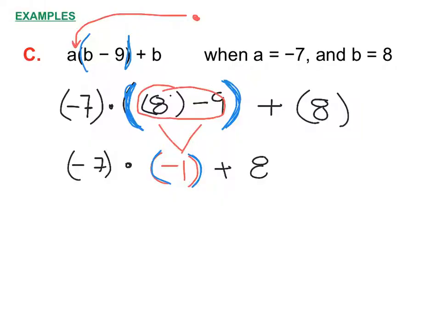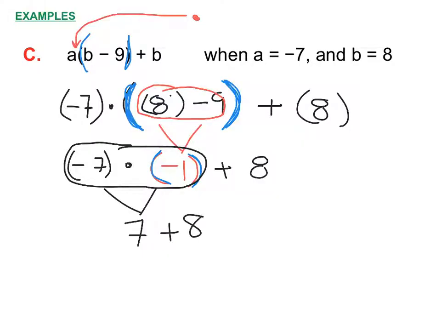Now working with order of operations, negative 7 times a negative 1. We know that 7 times 1 is 7. And then a negative times a negative is going to be a positive. So the answer will just be a positive 7. Bring down everything we haven't used yet. And 7 plus 8 is 15.